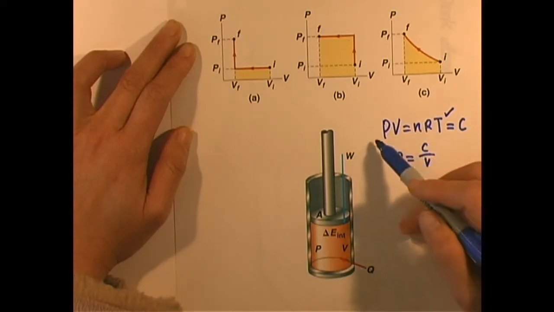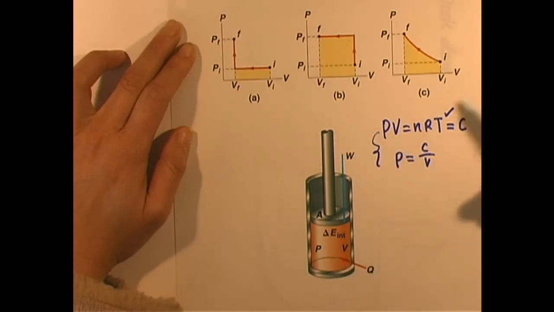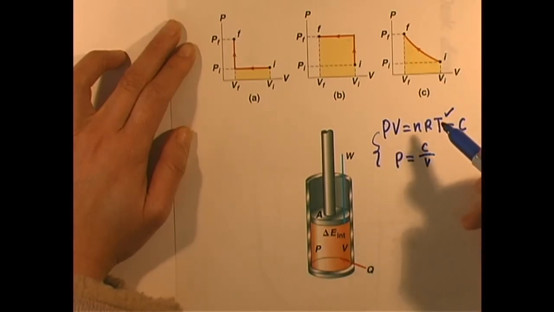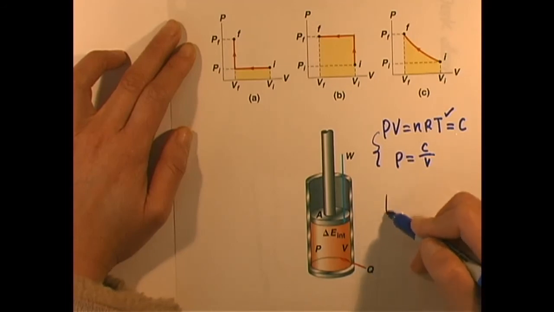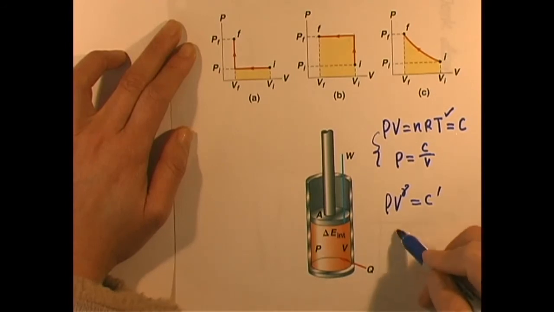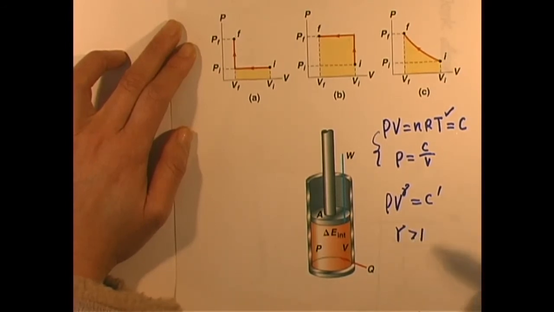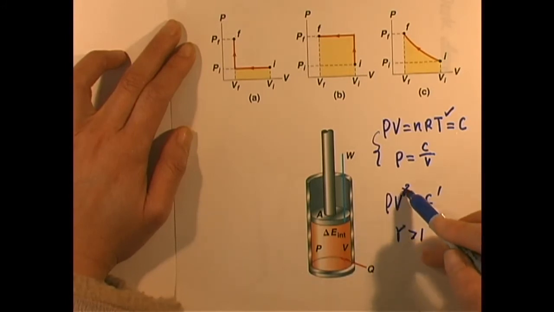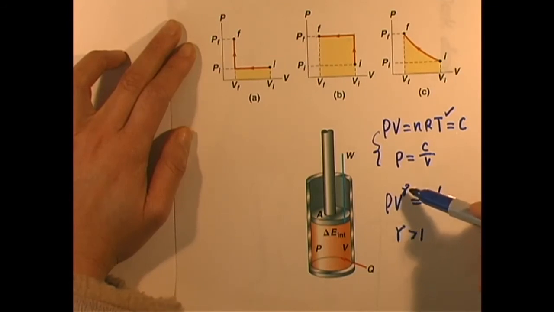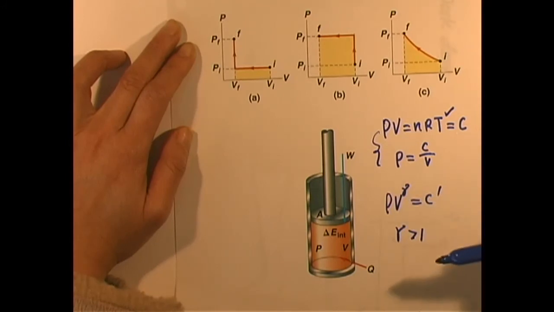Now, why did I mention that it could also possibly be adiabatic? As a matter of fact, the formula for adiabatic is pressure times volume to the gamma equals a constant. That gamma is always more than 1. It's a number. For different gases, the gamma value will be different. So let's view gamma as a constant but it's more than 1. So look at this. If gamma is more than 1, P versus V to the gamma is also a curve, but it's a curve which has a steeper slope.